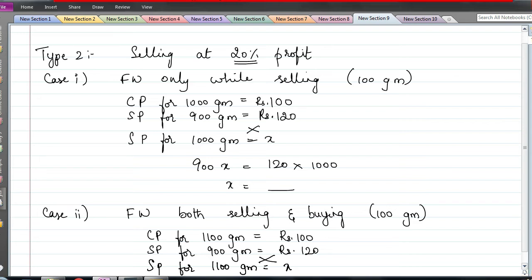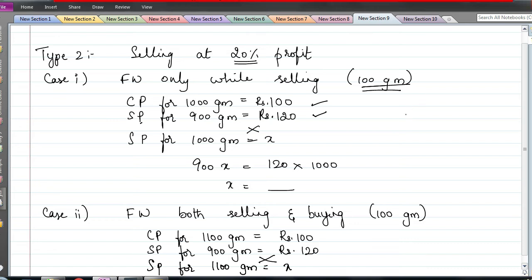This is type 2. So in both the cases, if you observe, first we have to write down cost price as 100. Selling price is going to be 100 only if he sells at the cost price. If he is selling at a particular profit, accordingly you write. In the same way, even if he is selling at a loss, subtract that amount from 100 and write that as selling price. Then observe whether false weight is used only while selling or while both buying and selling.